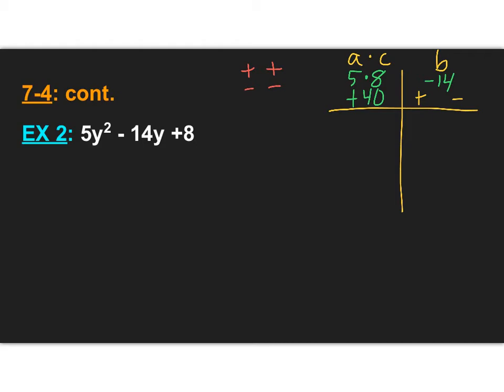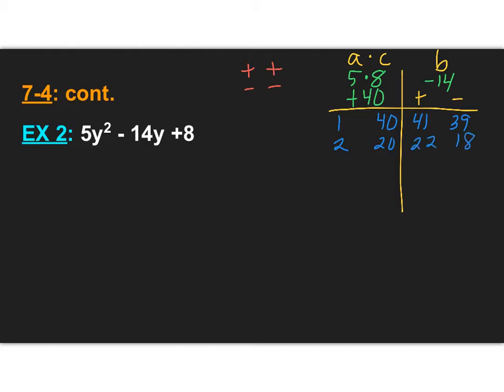All right, so let's look at our factors of 40. So our first factors of 40 are 1 and 40. They add to give us 41, and they subtract to give us 39, none of which are a middle term. So the next number after 1 is 2. 2 divides into 40 20 times. Add them, you get 22.